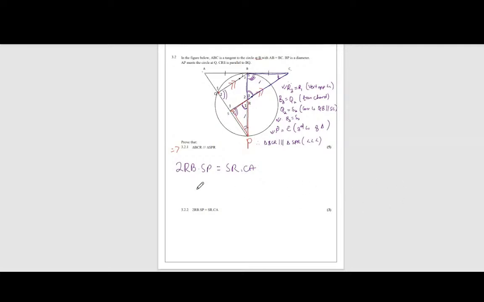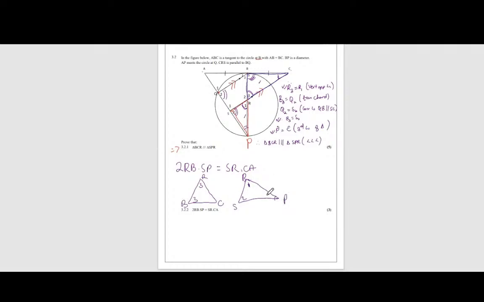So if I were to draw just the sketches of them, this is R, this is B, and then this is C. And if I draw exactly the same thing, it's something like that. So B is the same as S, and then R is the same as R, and then this is going to be a P.